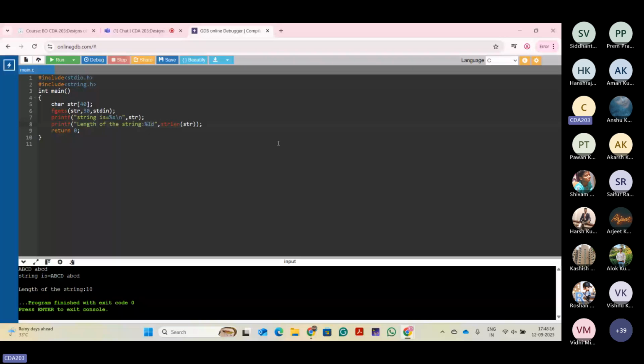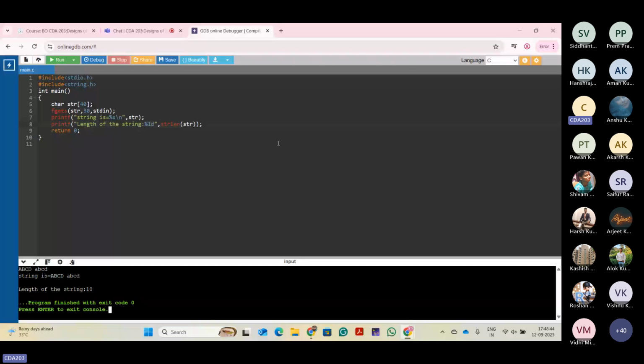And the type was different. Okay, fine. So this string.h we need to use because we will be using this strlen function. There are some more functions also, but I'm not going to discuss them.